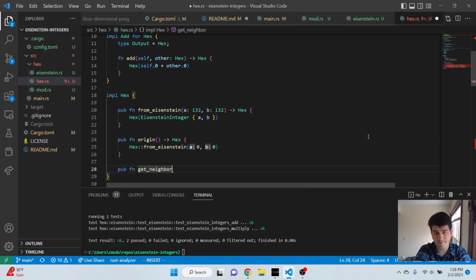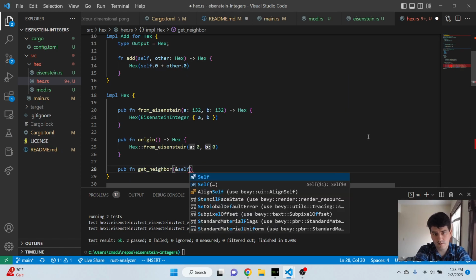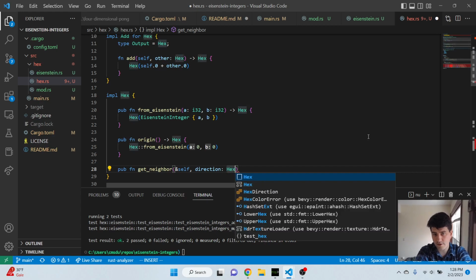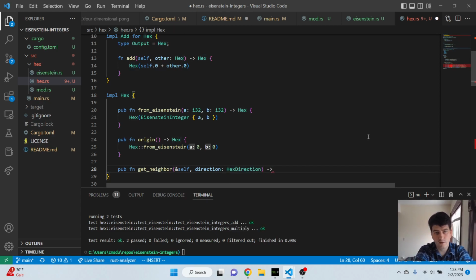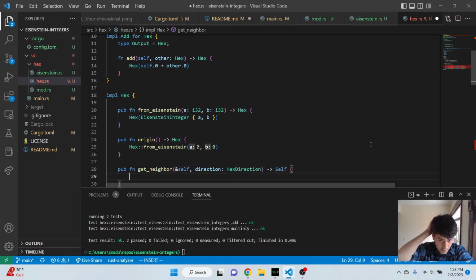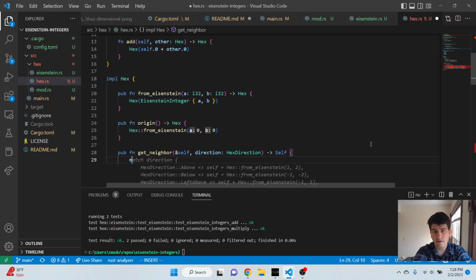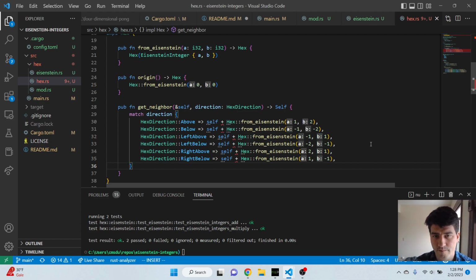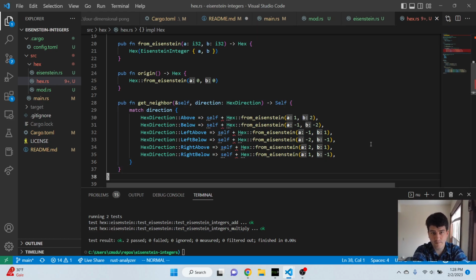Function get neighbor, self, direction, hex direction. Returns a new hex, and it should be this. Yes.